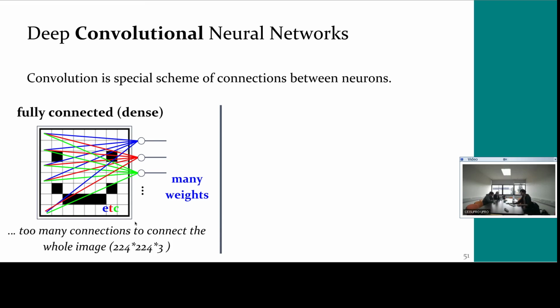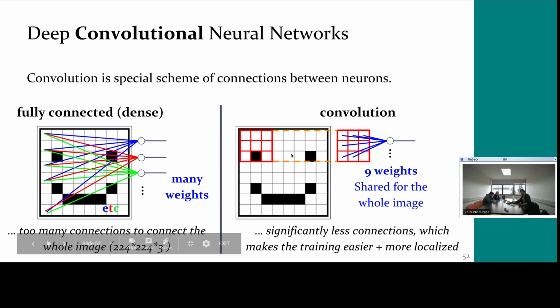It's too much, basically. So the trick that has been used here is, instead of looking at the whole image, just looking at an area that's called convolution. An area, let's say 3 by 3, okay? And this is the only thing that the neuron is connected to. So it will have just these 9 weights because it's connected with this pixel, this pixel, this pixel, but just these. It doesn't have connections with the others.